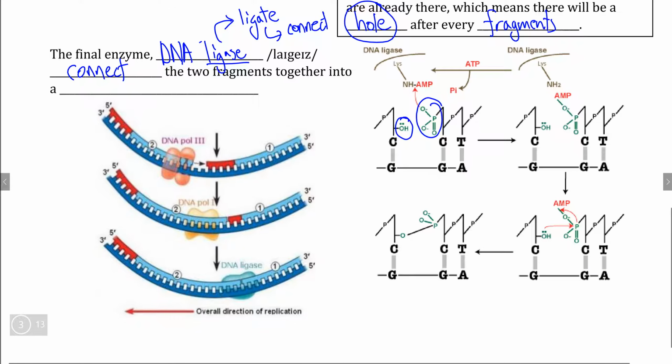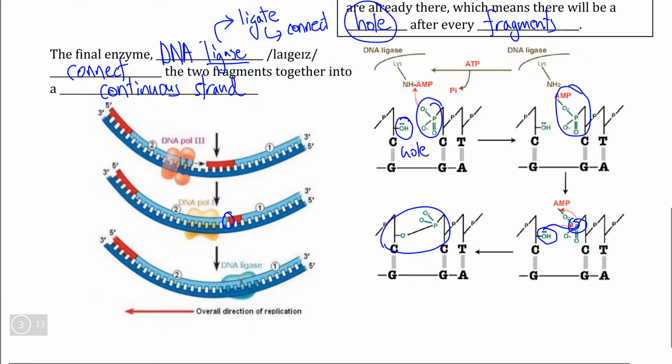Instead, what DNA ligase does is it changes the activity of the 5' phosphate, making it more reactive and unstable, and therefore making it easier to allow the 3' OH to form a bond with the phosphorus atom here, thereby filling in the hole that used to separate the backbone between the two fragments and turning them into one continuous DNA strand.